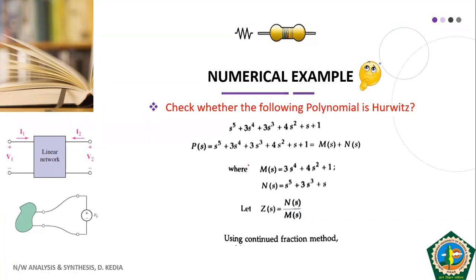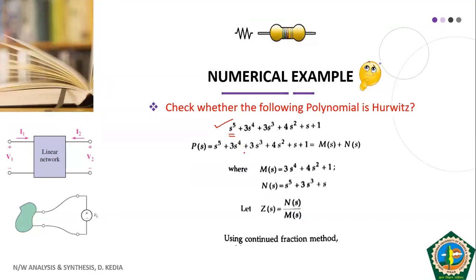The peculiar thing in this numerical is that, if you remember, the numericals we had seen in the previous class all had even degree, like s raised to power 4, s raised to power 6. In this example, we have a polynomial starting with odd degree, that is s raised to power 5, and 5 is an odd number. So that is the peculiar thing here.